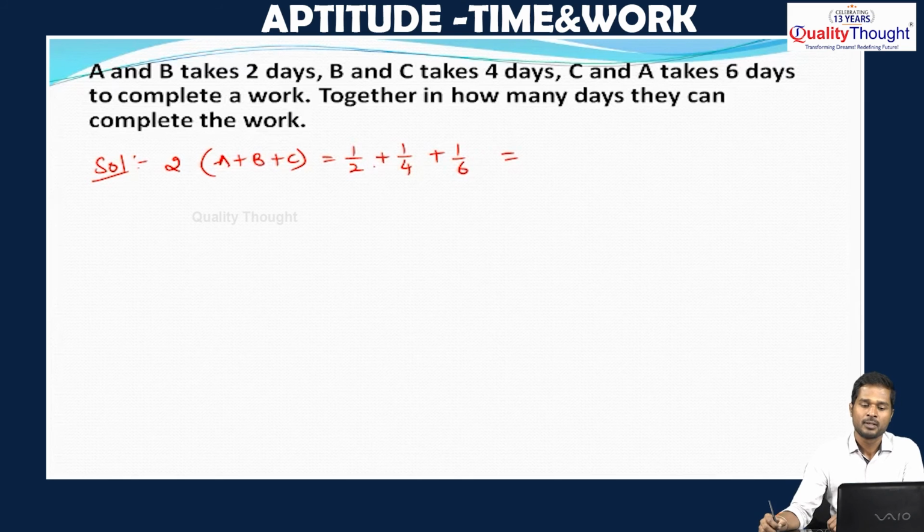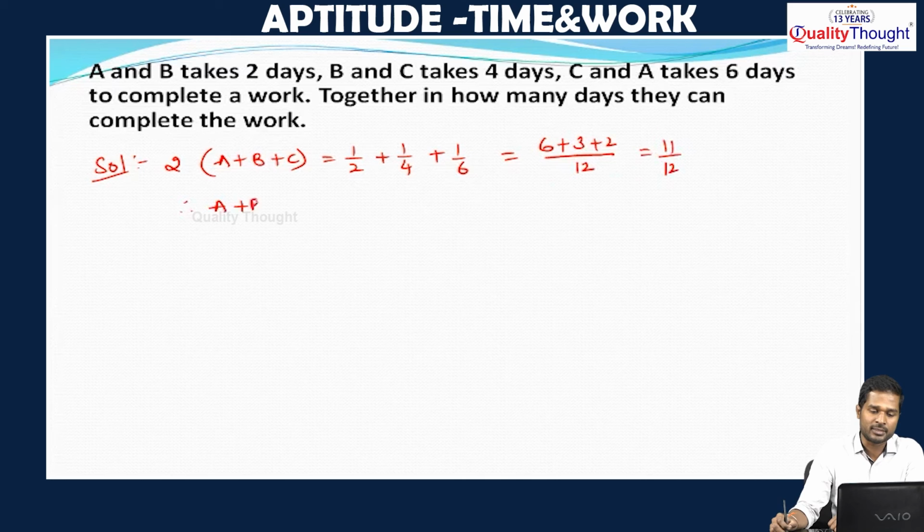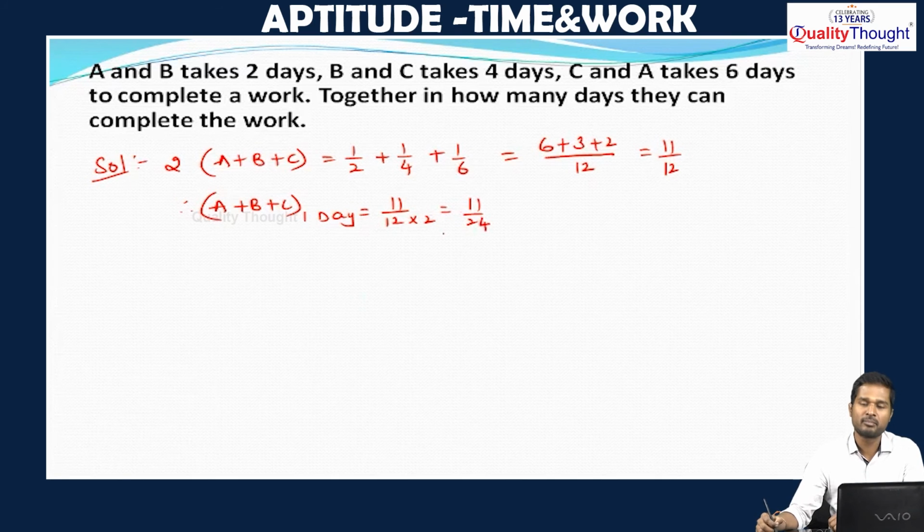Take the LCM, which is 12, so this is 6 plus 3 plus 2 by 12, which is 11 by 12. Take that 2 to this side: ABC's 1 day work is 11 by 12 into 1 by 2, which is 11 by 24.